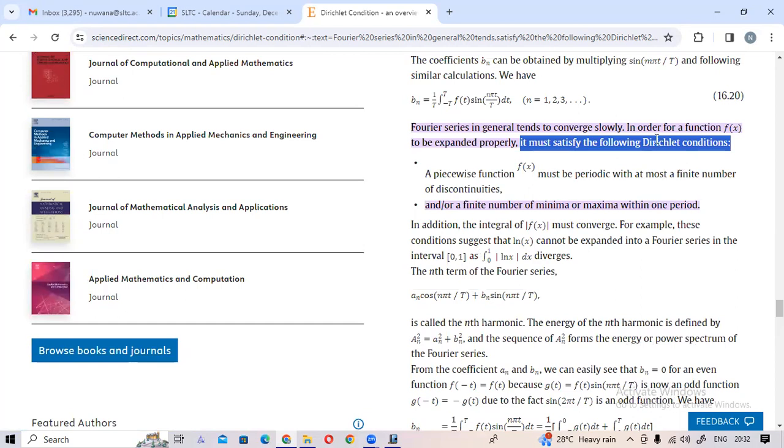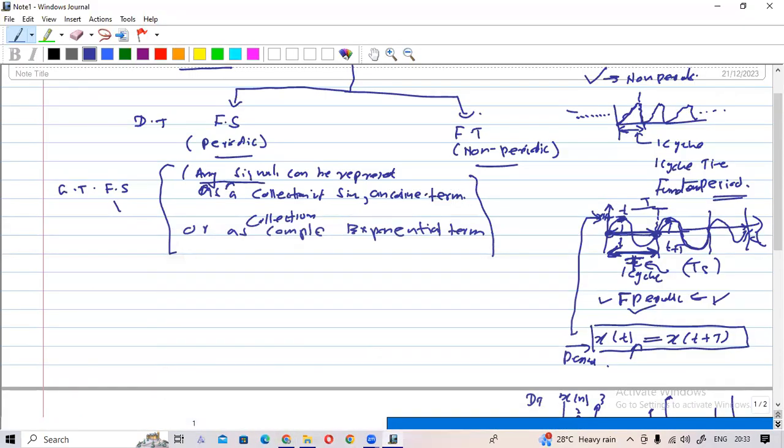This Dirichlet condition should be satisfied if we want to represent a signal as a collection of sine terms or exponential terms.